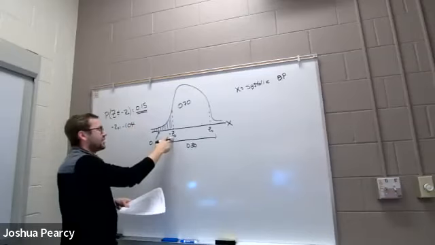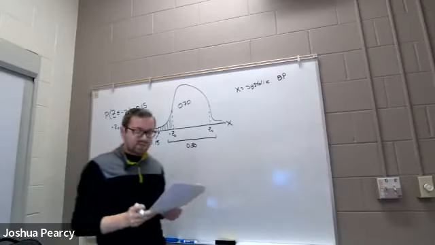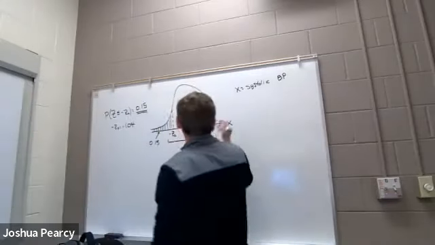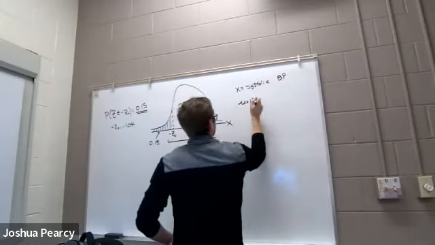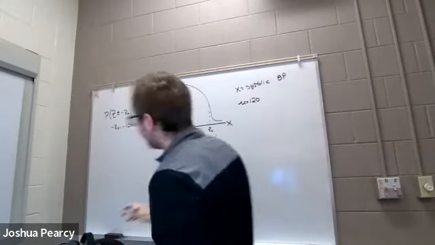That means now you have this z-score here. You're given what? It tells you that the mean mu is equal to 120. And the standard deviation is what? 3.